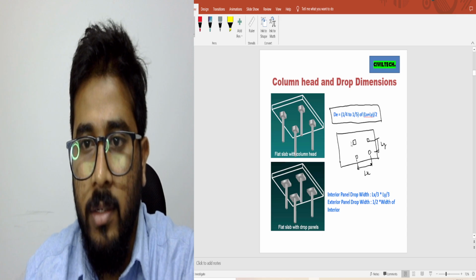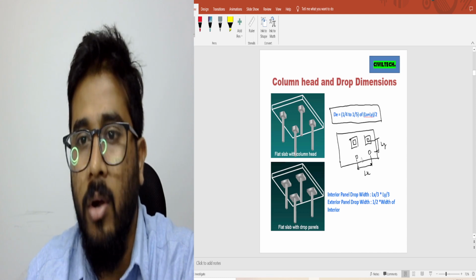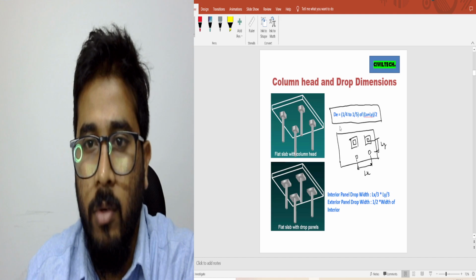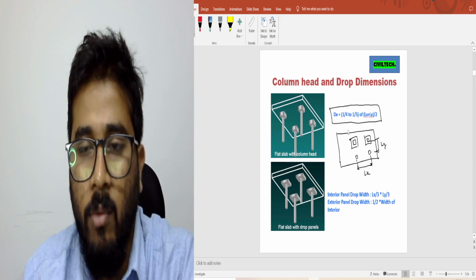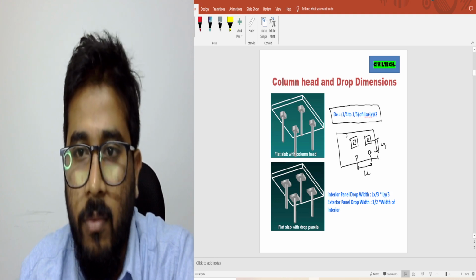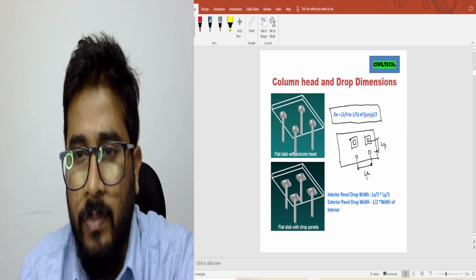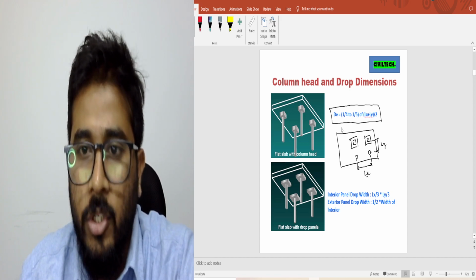So to find the dimension of drop panel or also column head, the formula is 1 by 4 to 1 by 5. You can take 1 by 4th or 1 by 5th of (Lx plus Ly) by 2. So this is the formula to find the dimension of column head.